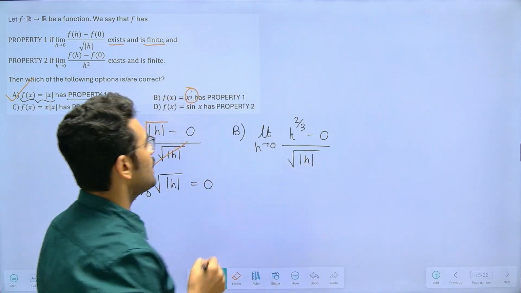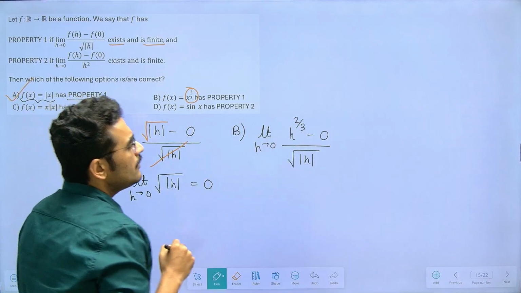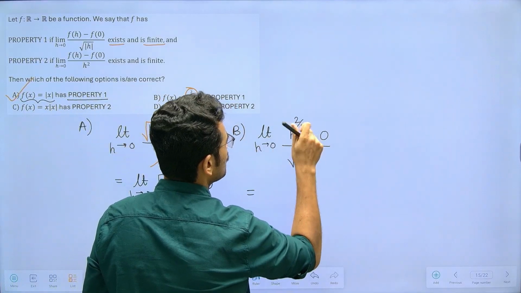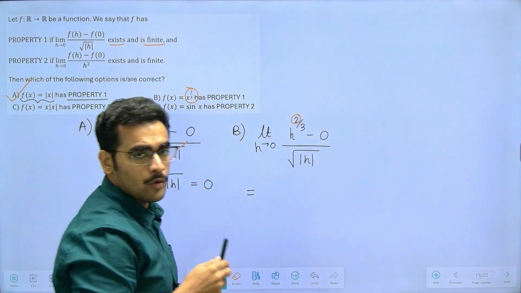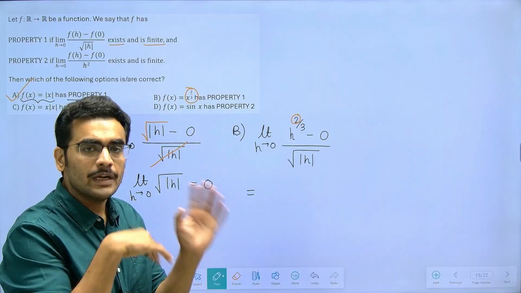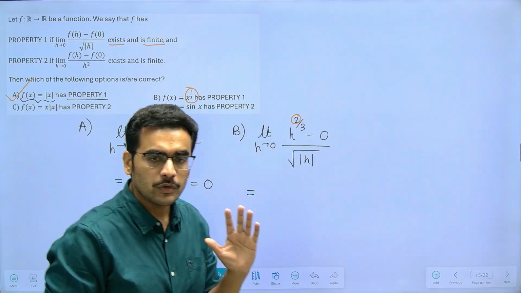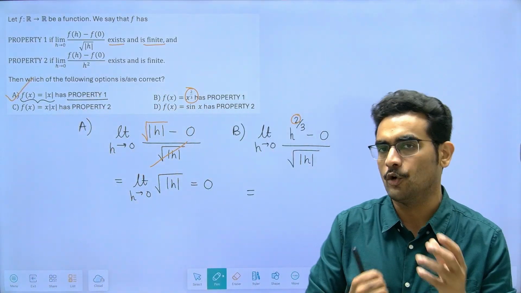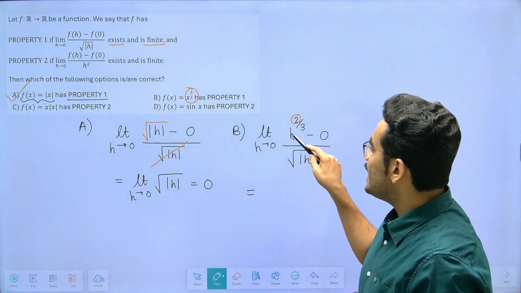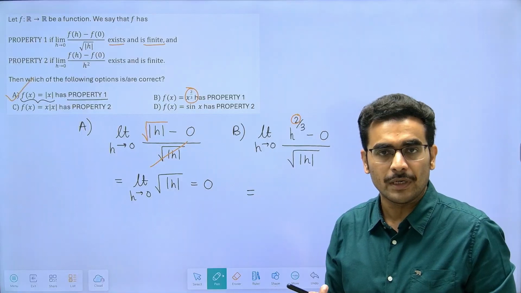This is the property, right? Now you see that here this is h to the power 2 by 3. The numerator h may be positive or negative because h is tending to 0, so h can tend to 0 plus or 0 minus. For both cases, h power 2 by 3 will be positive only, right?